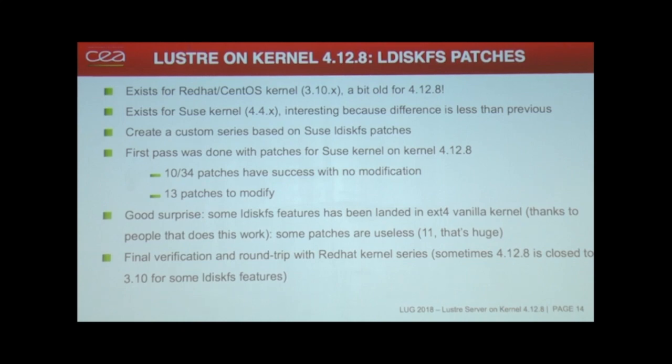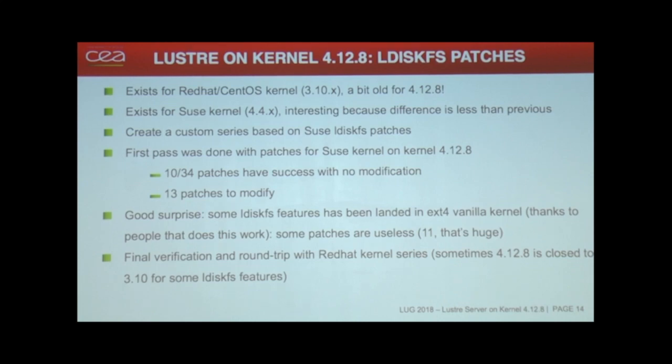So the decision was to start with the patches for kernel 4.4 and to try to do the adaptation between 4.4 and 4.12. The good news is that 10 patches succeeded with no modification. 10 over 34. So there are only 30 patches to modify.